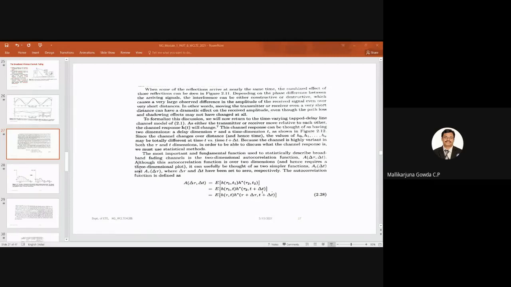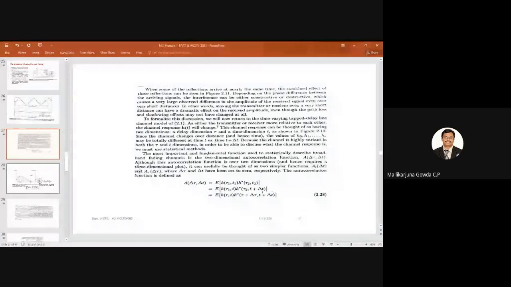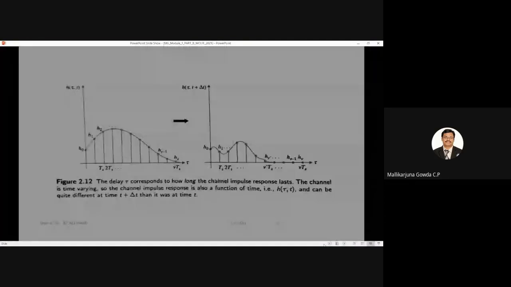First I consider tau1 t1, tau2 t2. Then I wrote tau1 t, tau2 t plus delta t, which means there is a change in time. The third case is where both delay, that is distance, and time are changing with respect to one another. I will show the effect of that in the next slide, how the channel response varies with respect to time.